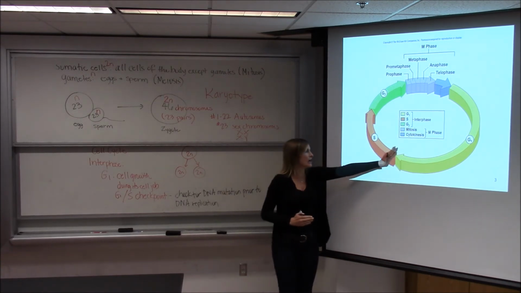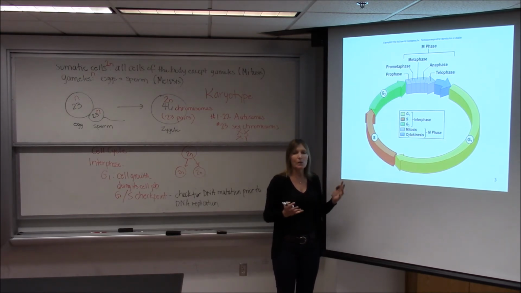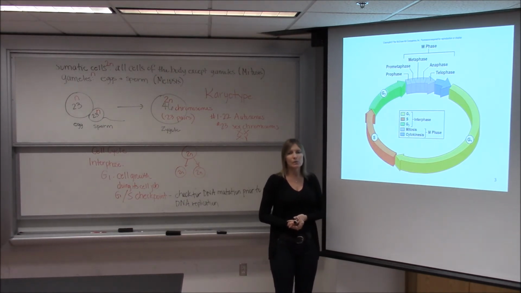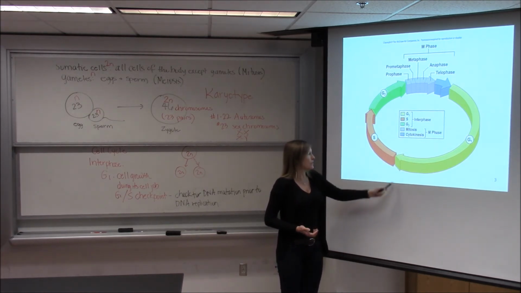This clock stops, and either that DNA gets repaired, or if it can't be repaired, the cell is signaled to destroy itself. All the lysosomes open up, and the cell is digested, or in some cases, if this is a cancer cell or something that the immune system detects as being defective, the immune system will destroy the cell. So that checkpoint between G1 and S is very important.